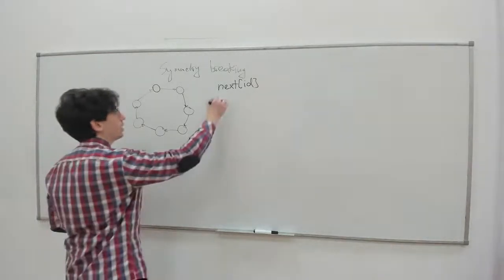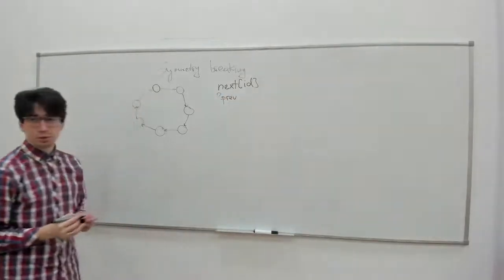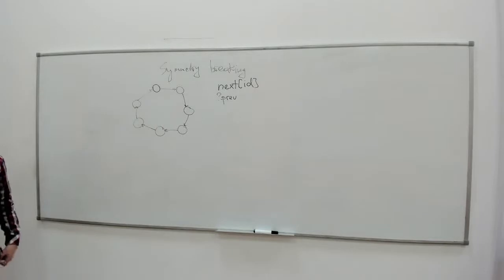Quick question: how can I get pref? Can I get the pref array? Do we know the size of the cycle? Yeah, we know that it is of size n, and their identifiers are from 1 to n.